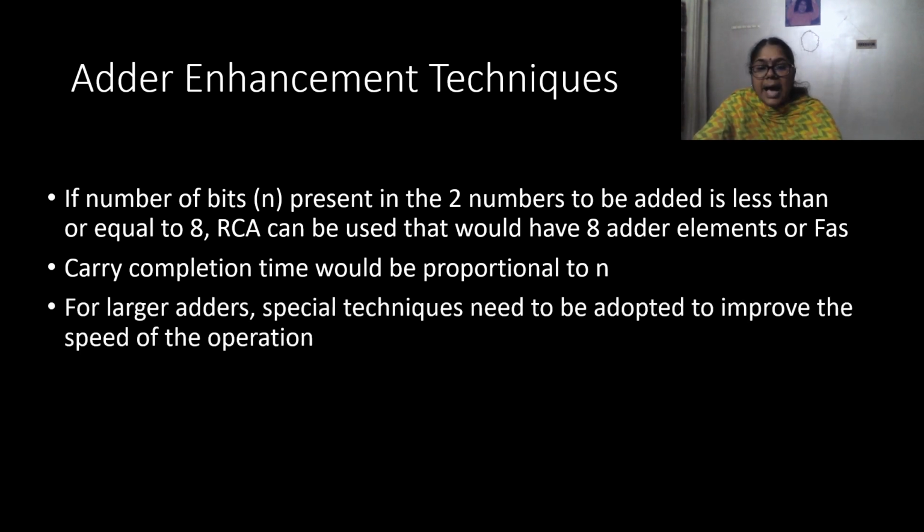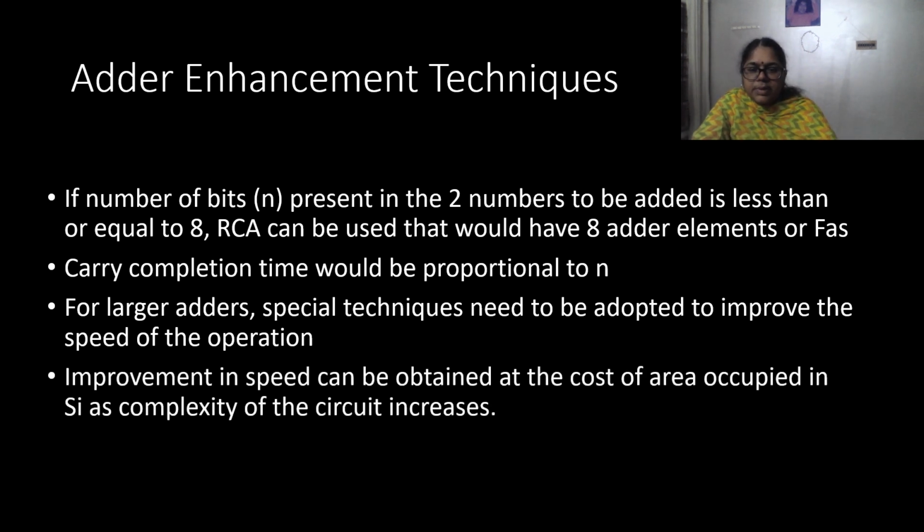For large adders, that means if the n-bit numbers to be added have number of bits greater than 8, then special techniques need to be adopted to improve the speed of the operation. Improvement in speed can be obtained at the cost of area occupied in the silicon as the complexity of the circuit increases. Now, I hope you understood this particular point.